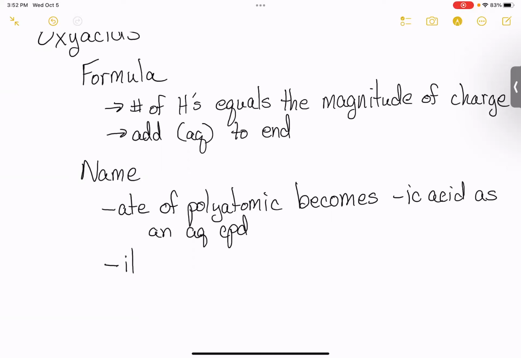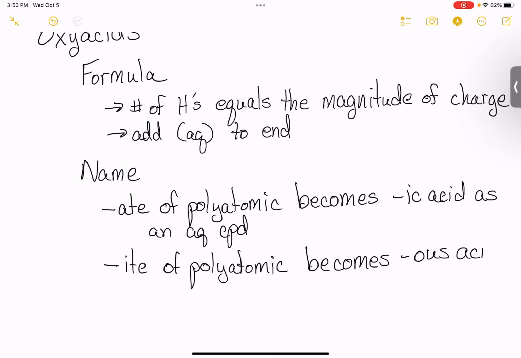And if the polyatomic ends in ite, it becomes ous acid, as an aqueous compound.